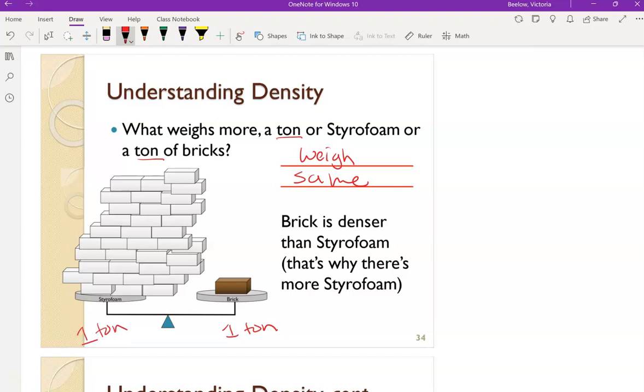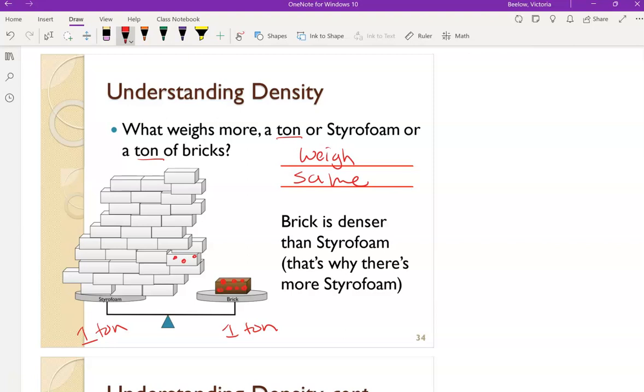However, the brick is denser than the styrofoam, so that's why there's more styrofoam. In a brick, there's a lot more atoms compacted into that area, compared to, and this is not proportional, but just to illustrate, the styrofoam that has less atoms.